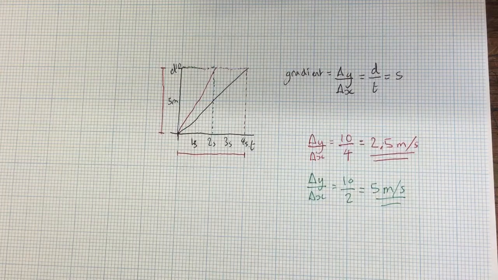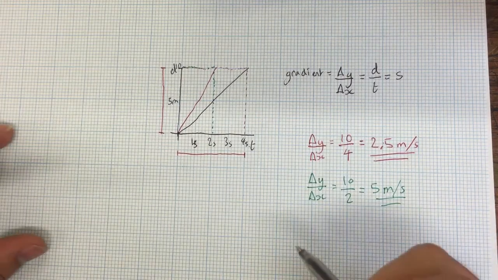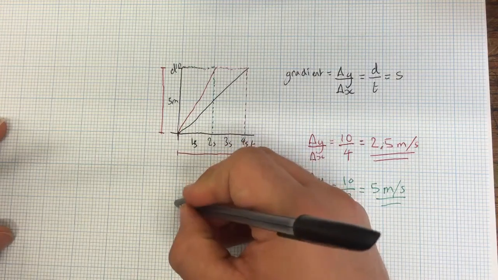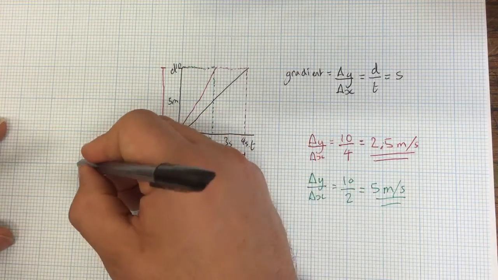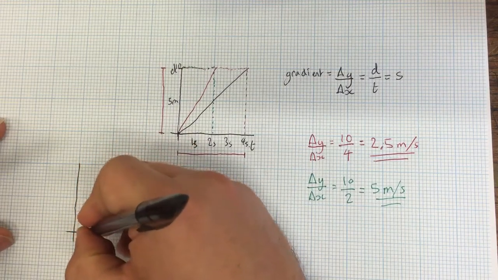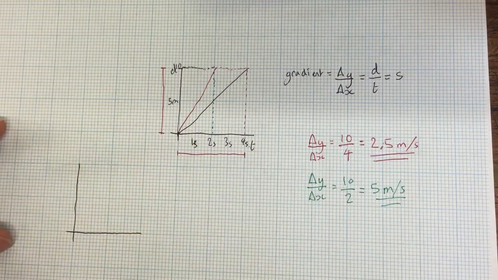The only way that this can be any more tricky, so to speak, is if I have a graph that has multiple parts to it.